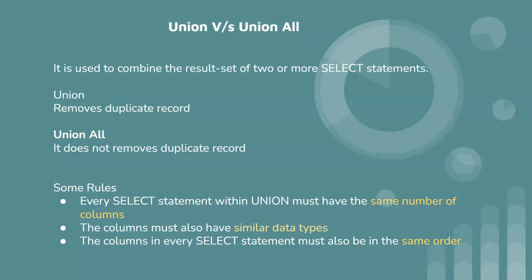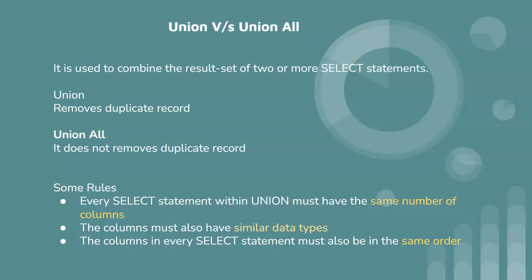The first thing is, the select statements with union must have the same number of columns. If the first select statement has 3 columns, the second select statement should also have 3 columns. The data types should be the same. If the first column's data type is integer, the second column should not be varchar, else we will get an error.